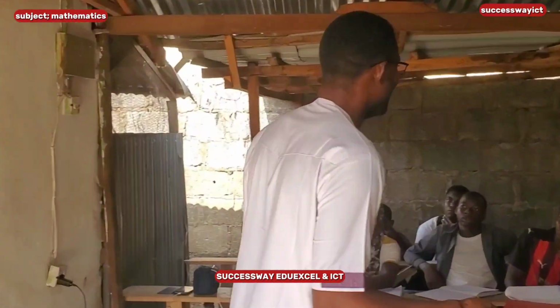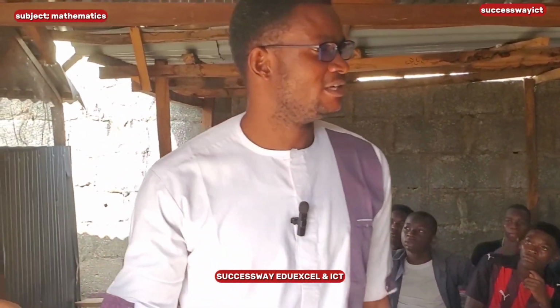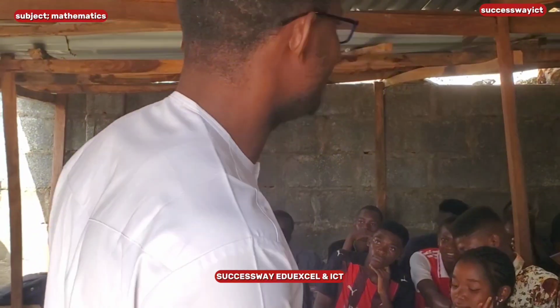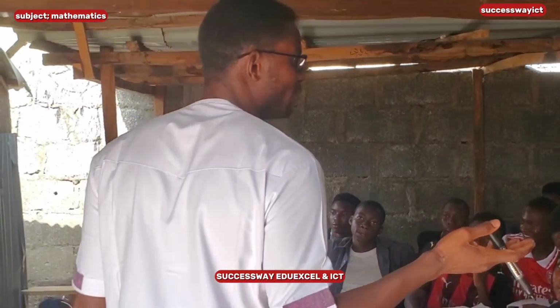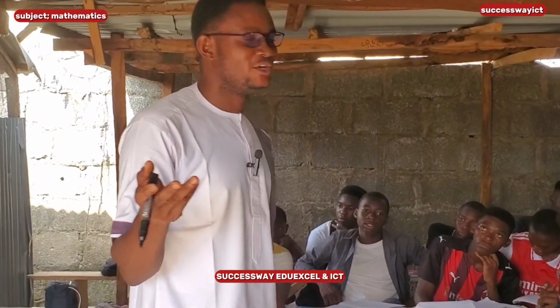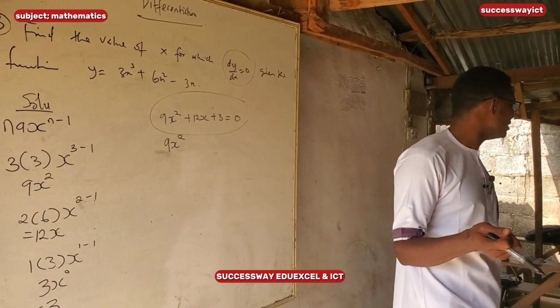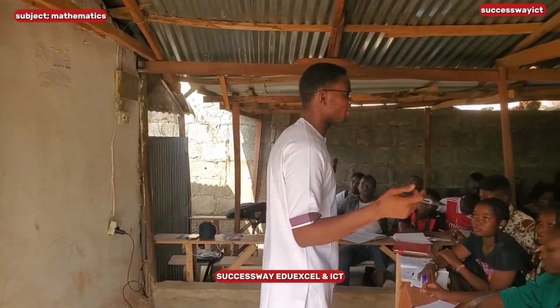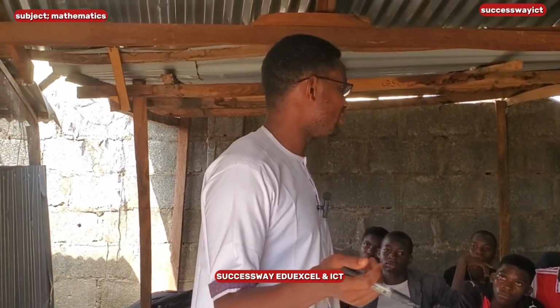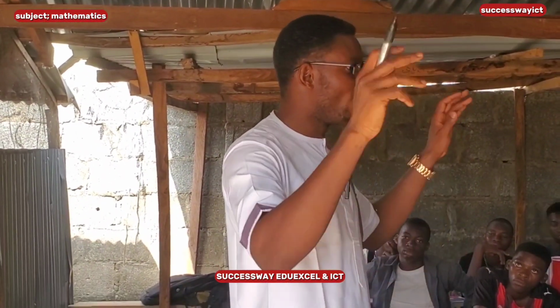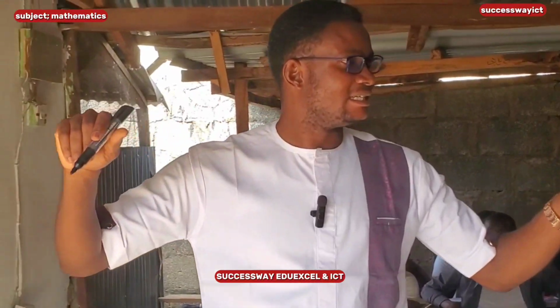Are we together? And you have three methods of solving quadratic equation, right? Completing the square method, formula method, and factorization. So if it cannot be factorized, you try to apply completing the square method, or you use the formula method, which is the simplest. Hope you know how to use the formula method.